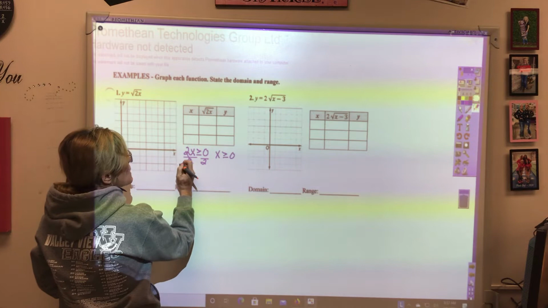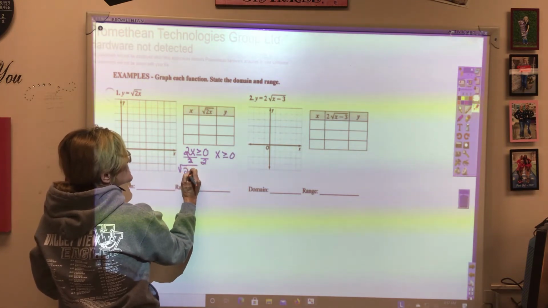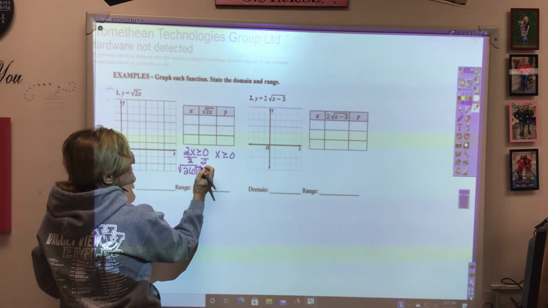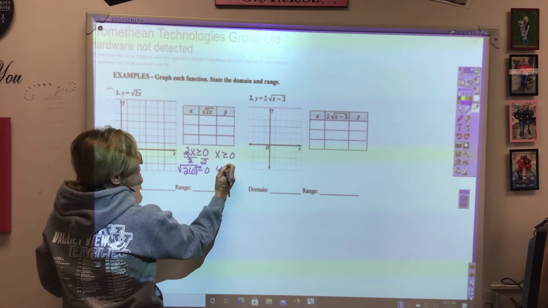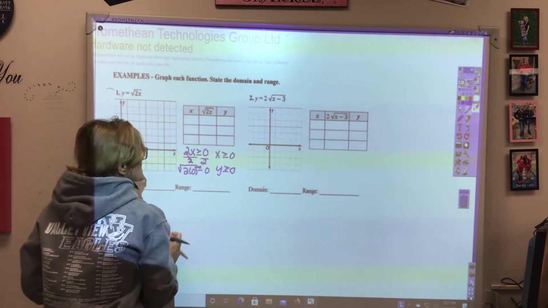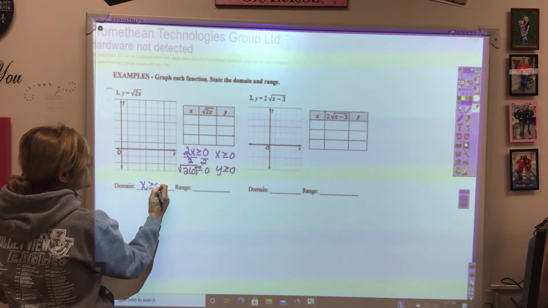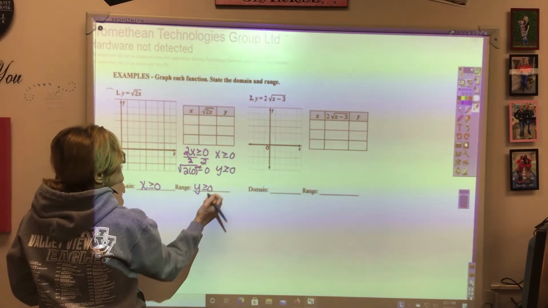Now to find the y, take the square root of 2 times 0, which I'm getting from right here, and that equals 0. So your range would be y is greater than or equal to 0. I guess I should have written them right here: x greater than or equal to 0, y greater than or equal to 0.